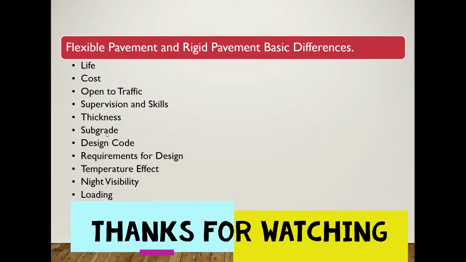Medium subgrade is normally required for rigid pavement, but in flexible pavement you need a very good subgrade because rutting plays a very important role with respect to the subgrade properties. And the design codes, requirements of design, temperature effect, night visibility, these I have all discussed.